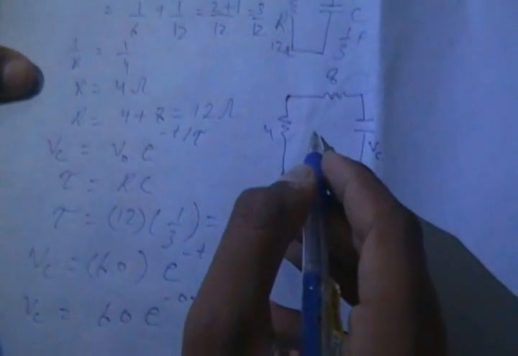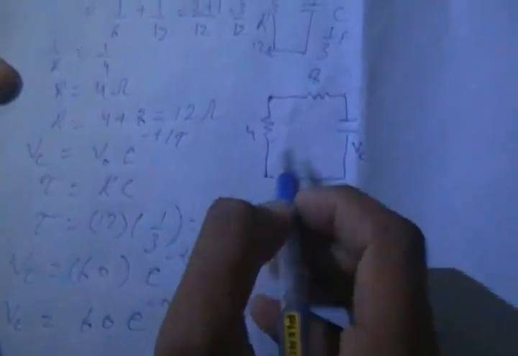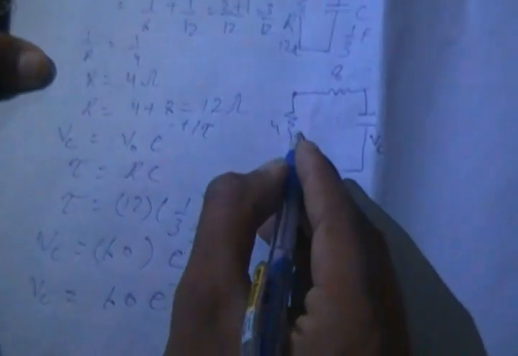So we will use the voltage divider rule on these both resistors. Their total voltage is this, and we want to find the voltage of this.